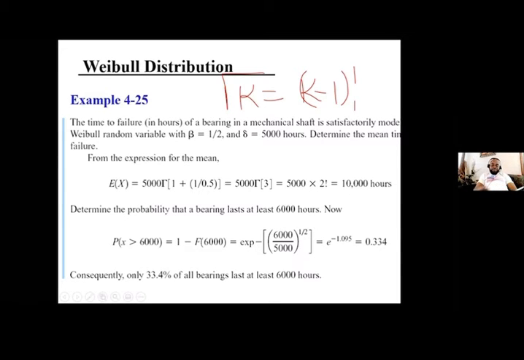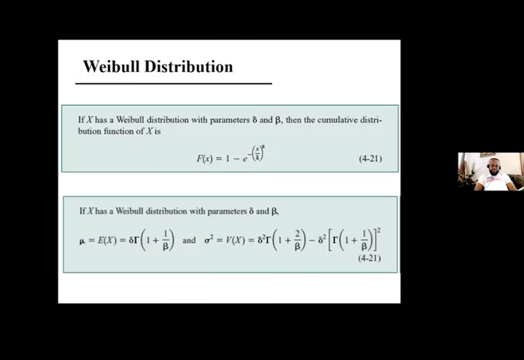Now, because this is just an average, if you want to tell how reliable it is, you can go on to obtain the variance. To obtain the variance, you use the formula for the variance, which is this one here, a function of the two parameters.